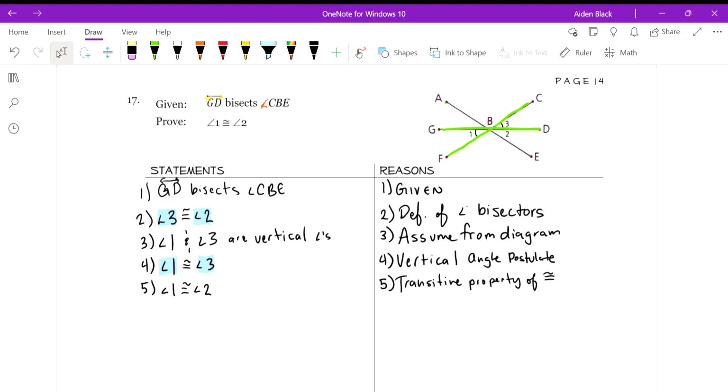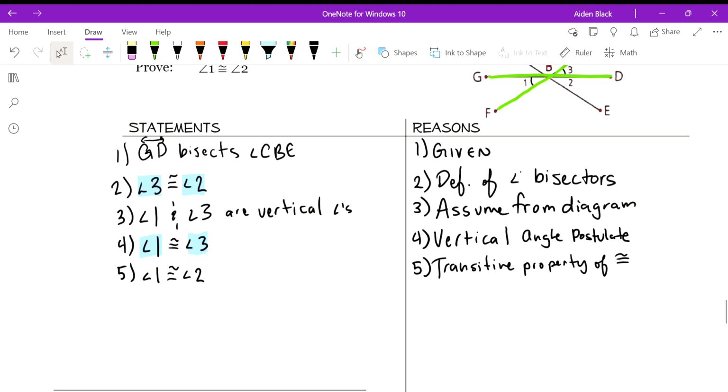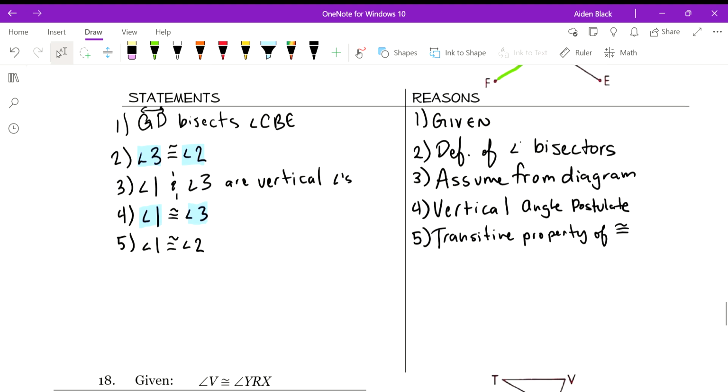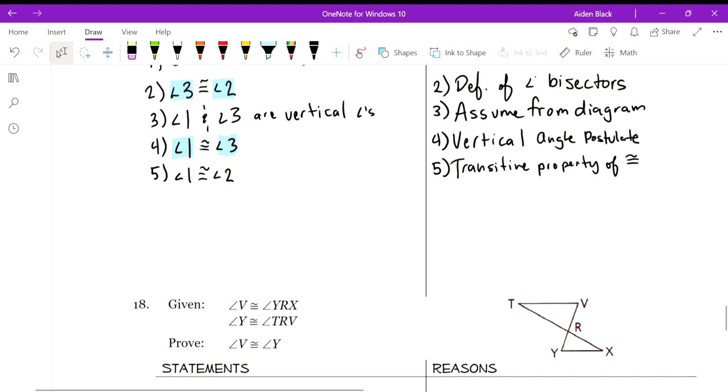Now, if you had already tried this problem, like we were working in class this week, trying out these proofs, and you wrote it a little differently, it doesn't mean you're wrong. Okay, we just need to make sure step by step we're formulating a logical sequence of statements and having the proper reason for them. So this is how my proof looks. Maybe yours might look a little bit different.